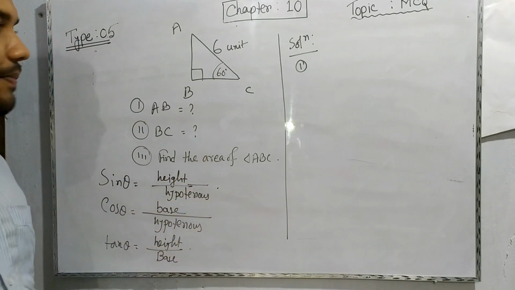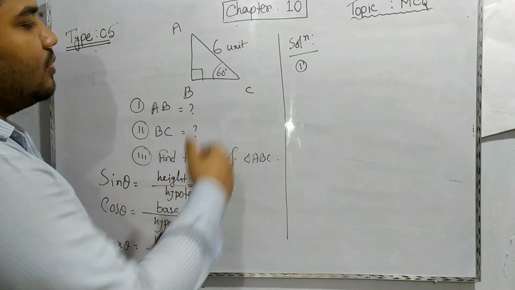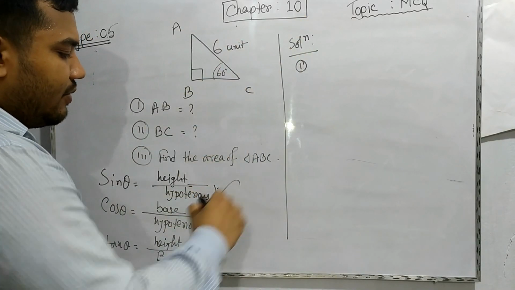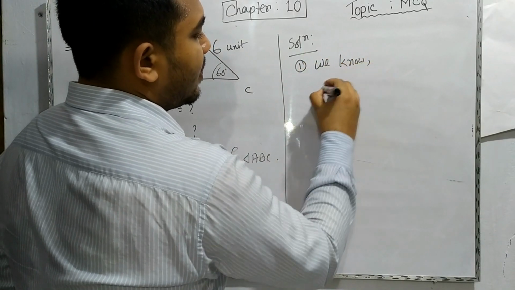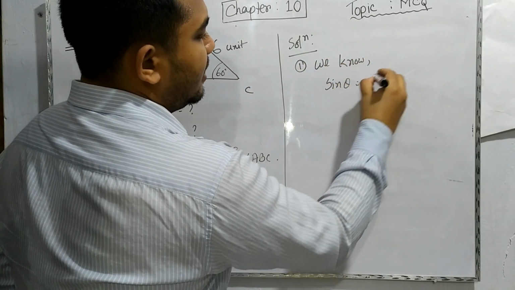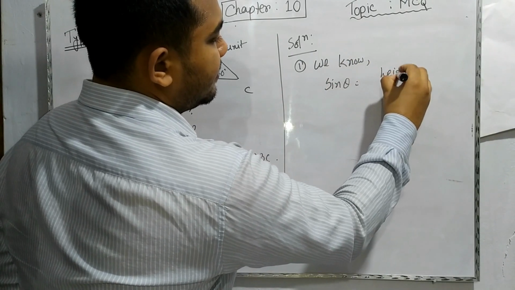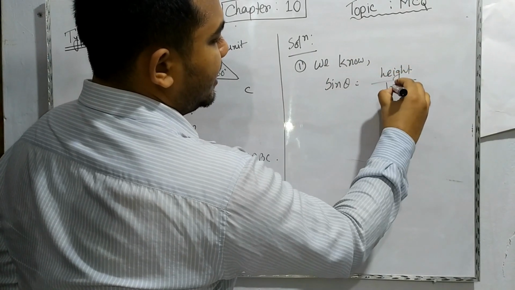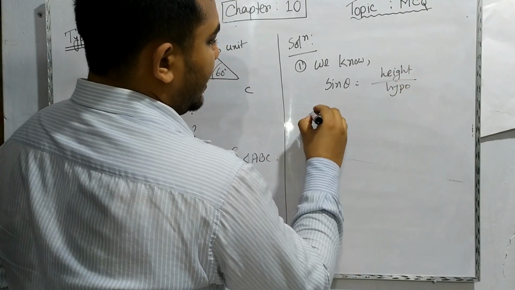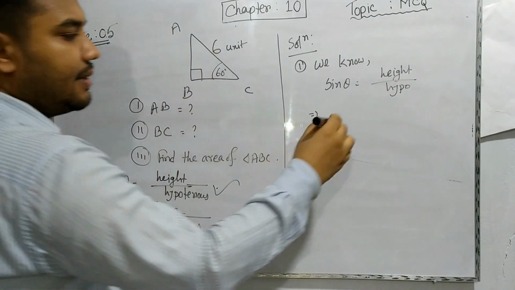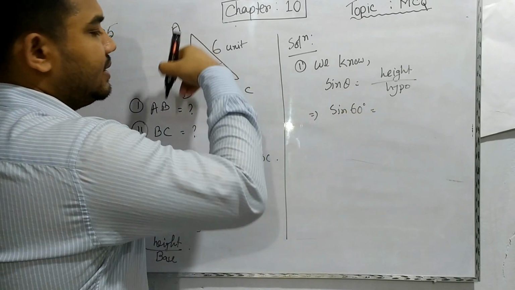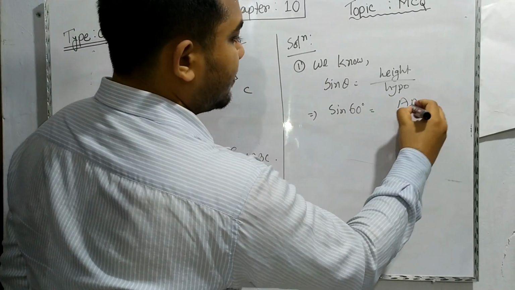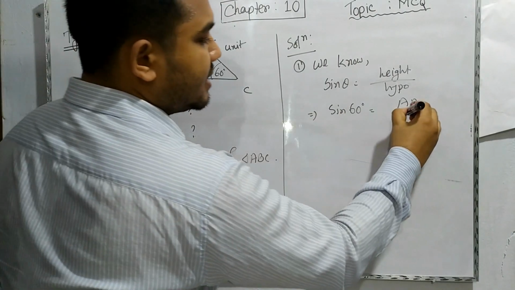We know the formulas. For this question we need the first one: sin theta equals height by hypotenuse. Here sin 60 degrees, height we have to find, and hypotenuse is 6.